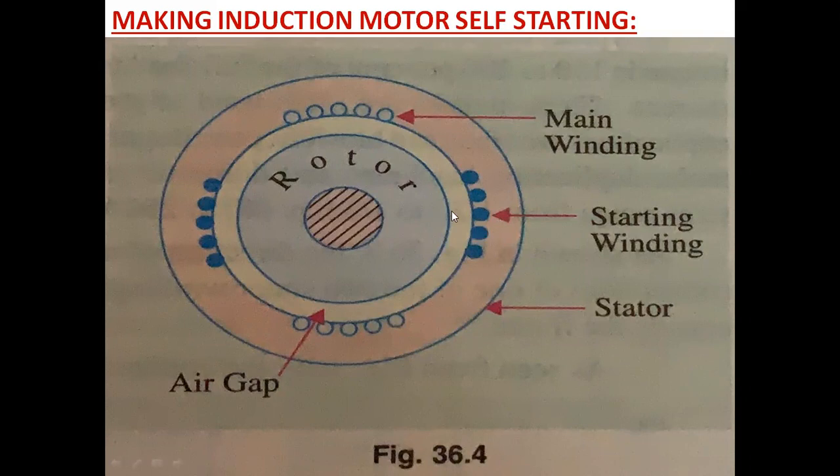These two currents produce the necessary flux which revolves the motor, and it will be cutting the rotor because they have some relative speed difference between the main winding flux and the starting winding flux.